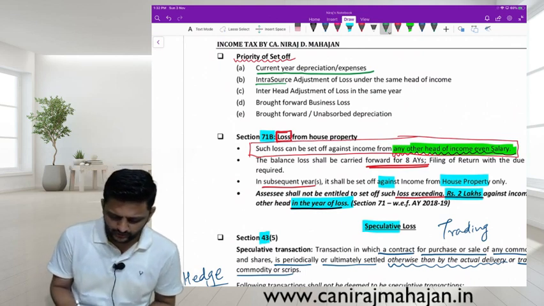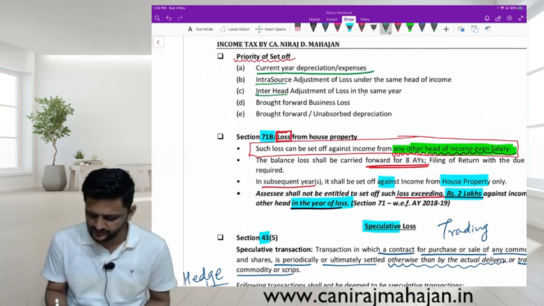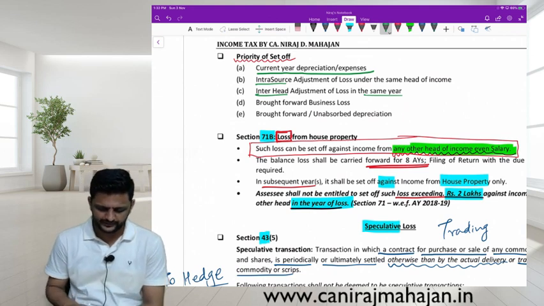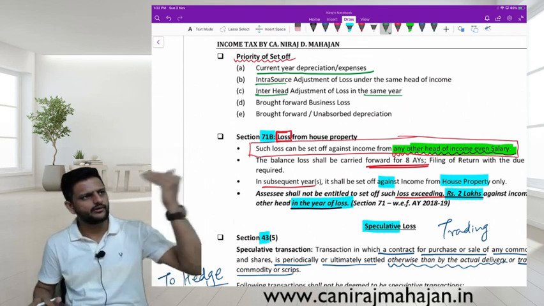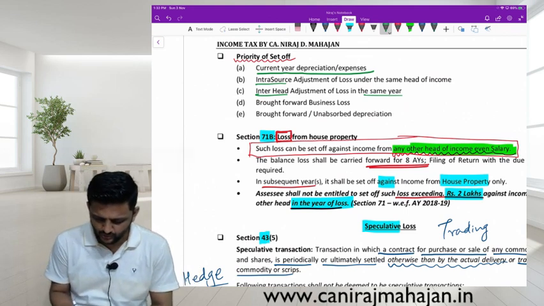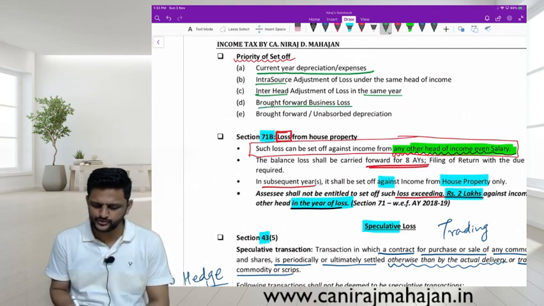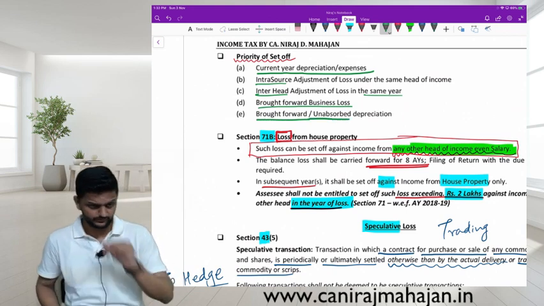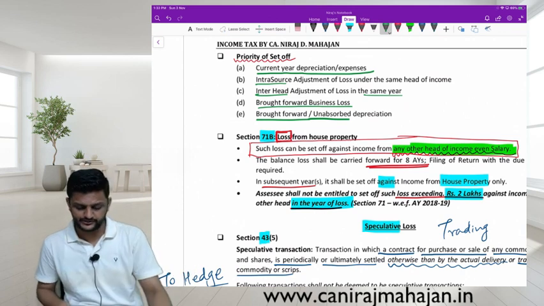Then you go to other heads of income in the same year. Okay. Then you set off brought forward business loss, and then lastly brought forward unabsorbed depreciation. So depreciation gets the last preference, correct?